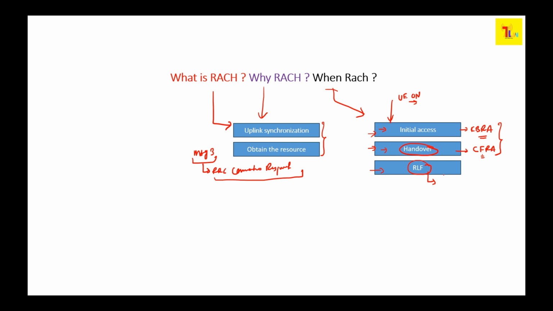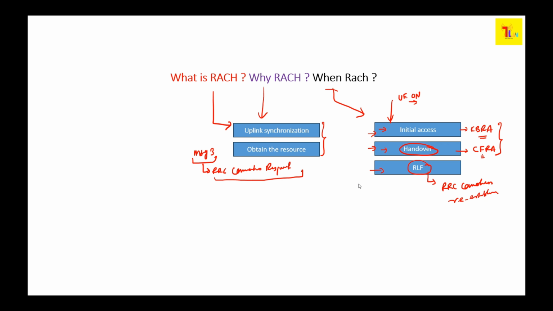At the time of radio link failure, the case of RRC connection re-establishment will come into the picture. At that particular time, RACH is going to be performed to recover from that. So these are the important aspects where exactly RACH is going to happen.